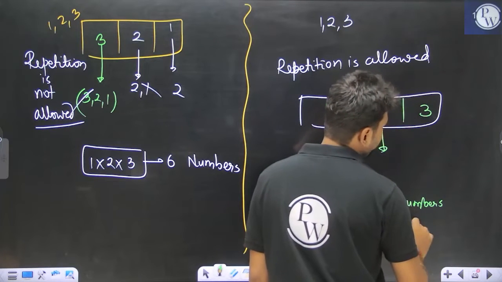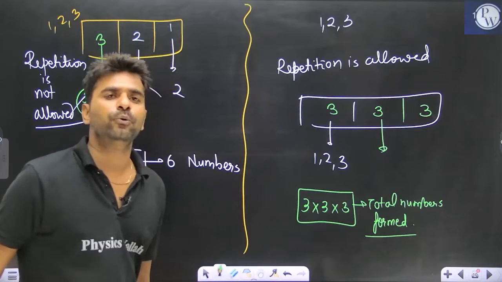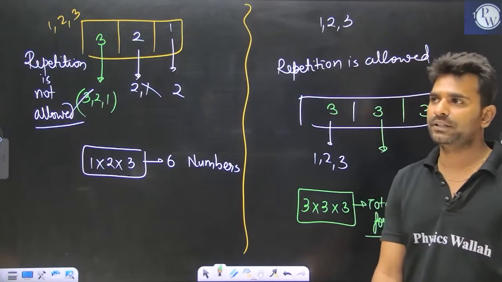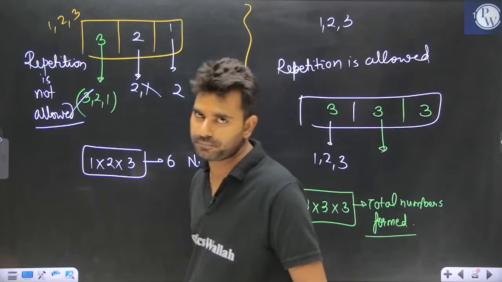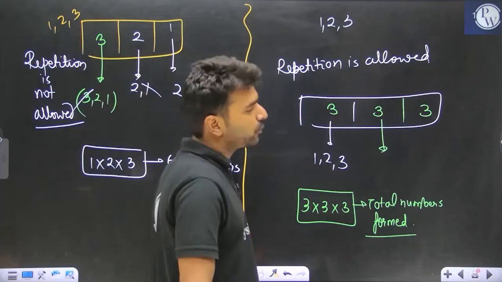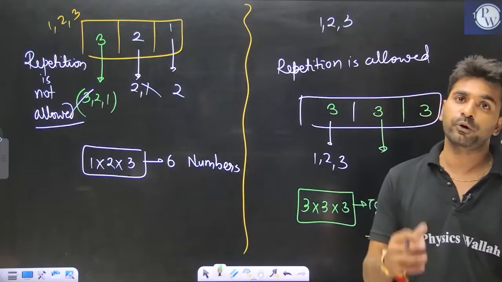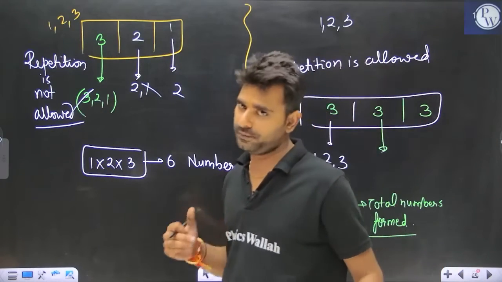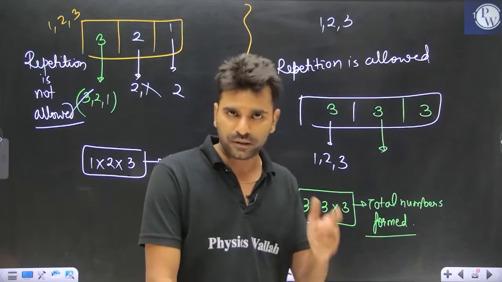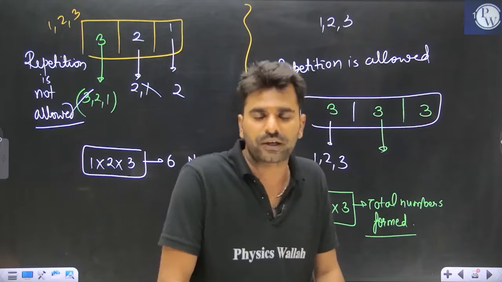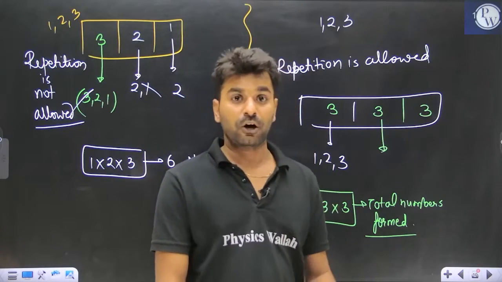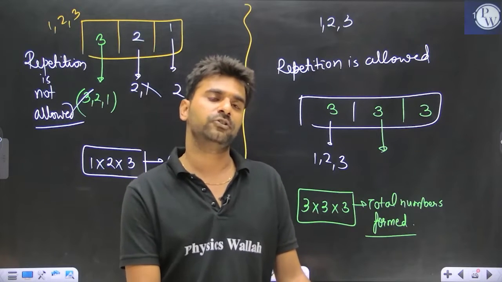If I ask you a question like this, I have given you 1, 2 and 3 digits, how many 3-digit numbers can you form? Understand, sometimes whether repetition is allowed or not is not given to you in the problem. You have to understand it and feel it on your own. Let's say you have been given digits like 1, 2, 3, and I ask you only this much: how many 3-digit numbers can you form?